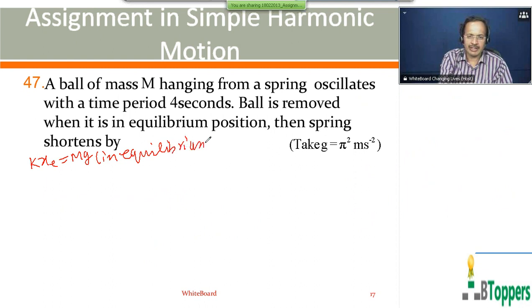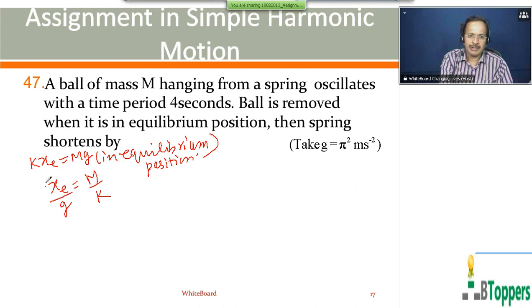Equilibrium position is the position where the resultant force on the mass becomes zero. So the magnitude of the elastic force by the spring in the upward direction balances the weight mg. The elongation in the equilibrium position is denoted by x subscript e. So when the mass is removed from the equilibrium position, the spring will regain its natural length L0.